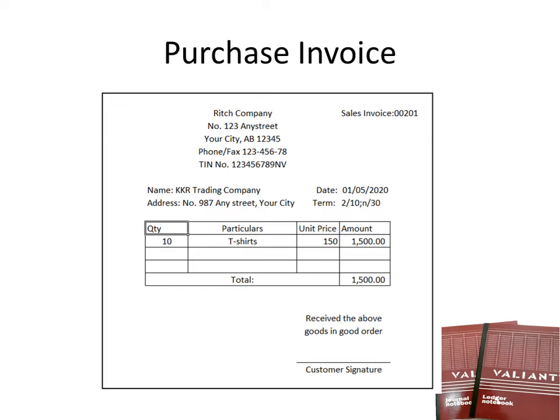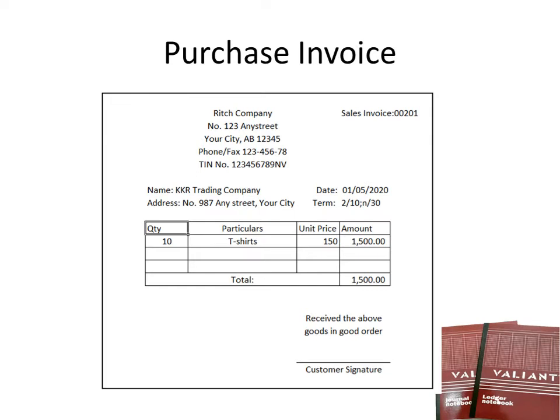So for this one, NV means non-value added tax, whereas VAT is a value added tax. Meaning on top of your purchase, there is also tax that you are paying. So for the VAT transaction, you are paying for both: your goods, and the value added tax that is imposed by the government.